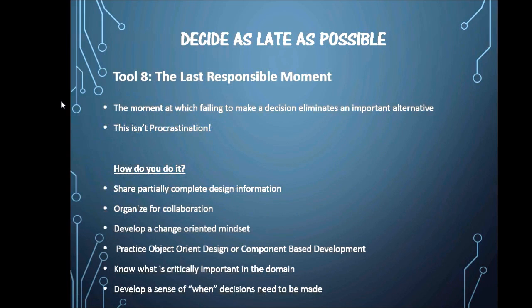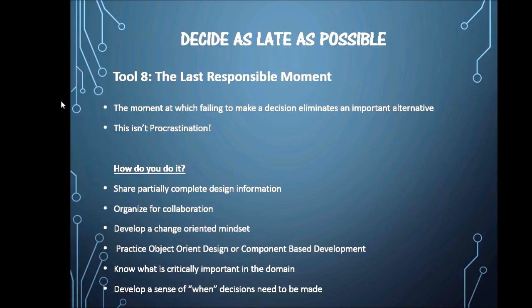Tool number 8, the responsible moment. The moment at which failing to make a decision eliminates an important alternative. This isn't procrastination. How do you do it? Share partially complete design information.